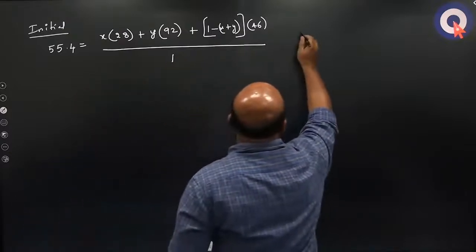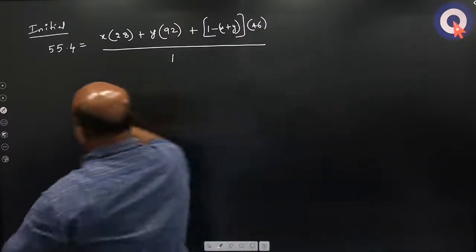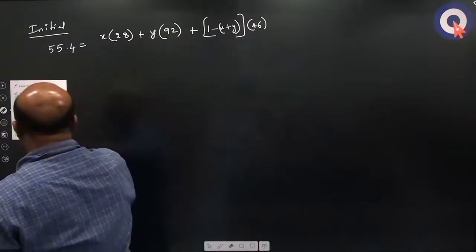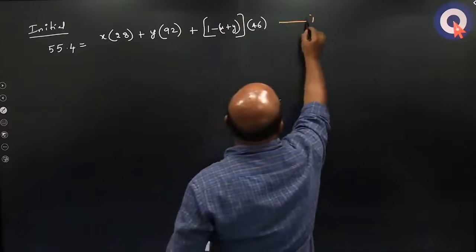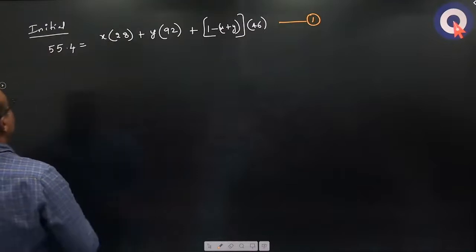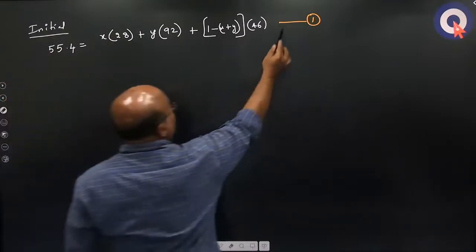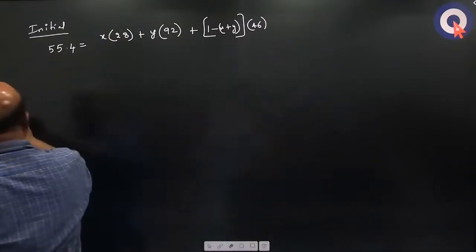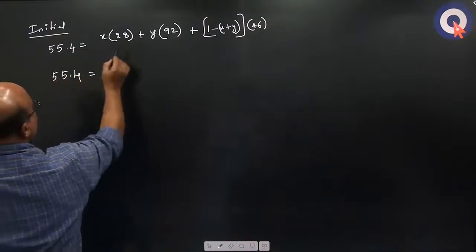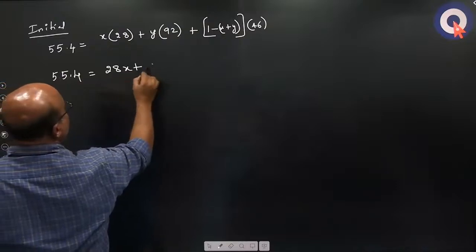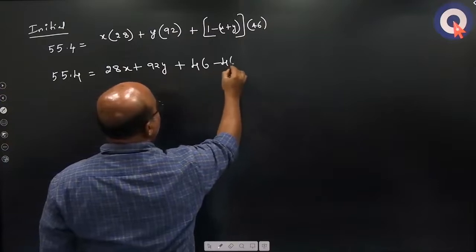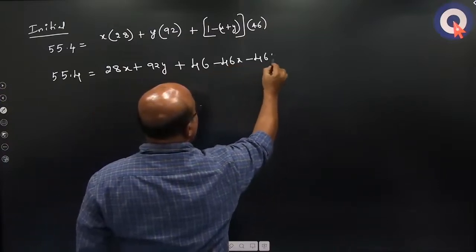Let us say this is equation 1. Expanding it, 55.4 equals 28x plus 92y plus 46 minus 46x minus 46y.